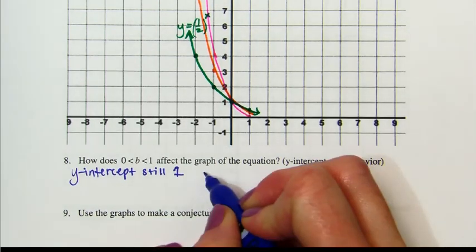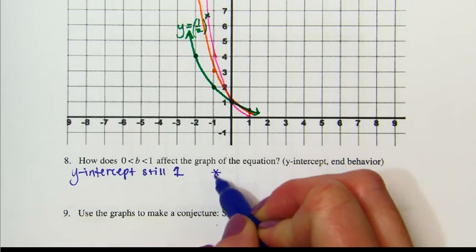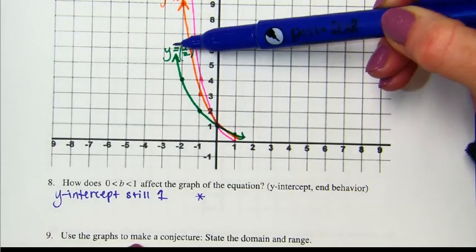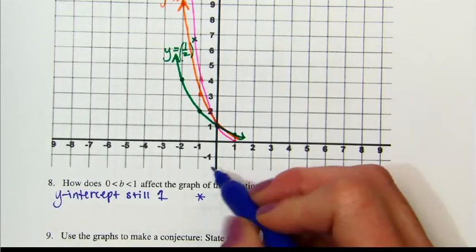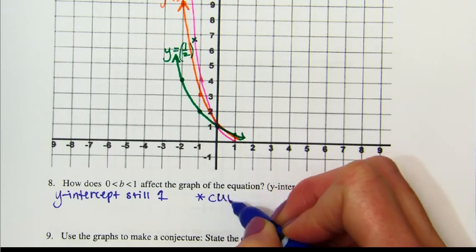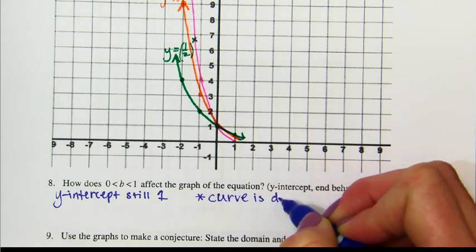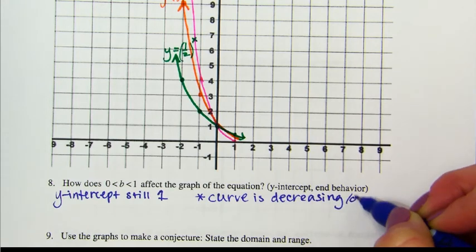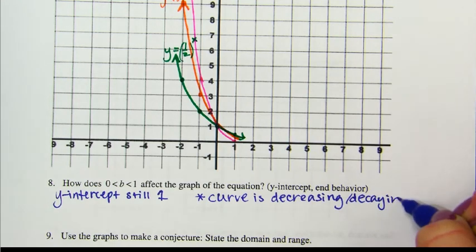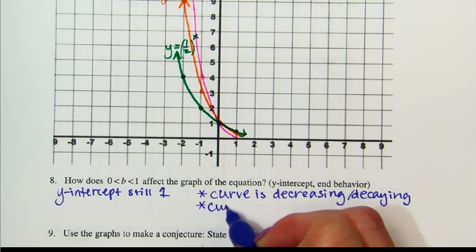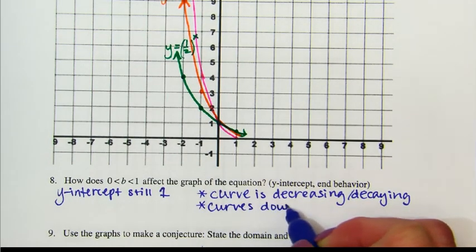Now the end behavior, our lines are now decreasing. So from left to right, they're decreasing, curving down, right? Not our line, our curve is decreasing. Or decaying. It's curving down, right?